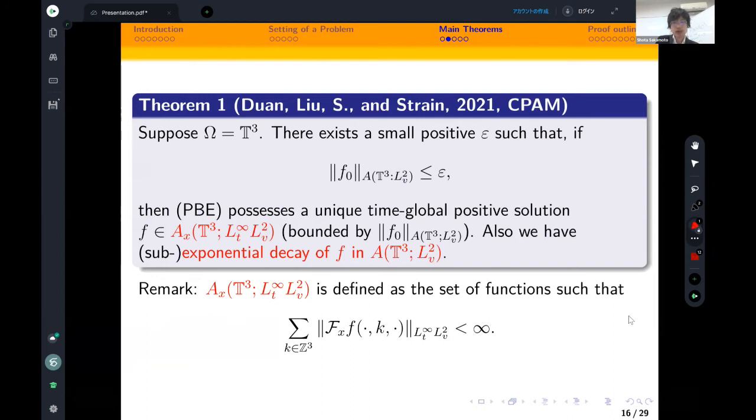Suppose omega is T3, the torus case, and if initial data is small enough in this space, then the perturbation of the Boltzmann equation has a unique global in time solution in this space. X is for Wiener space. And we also showed exponential decay of a solution in the solution space.